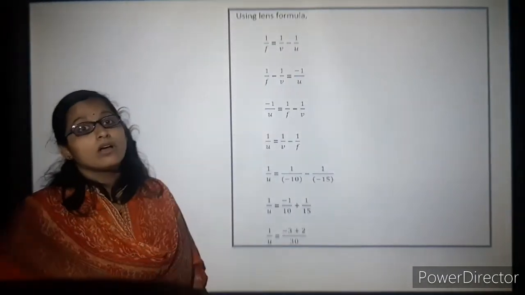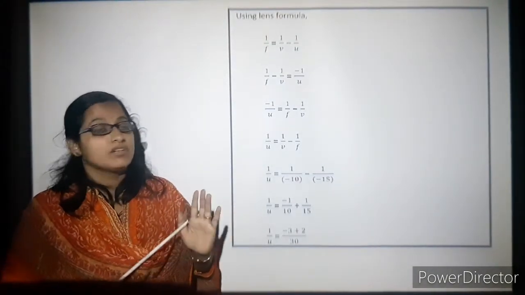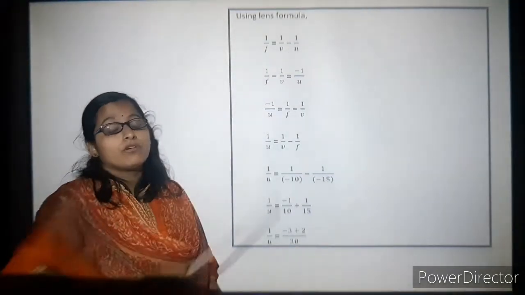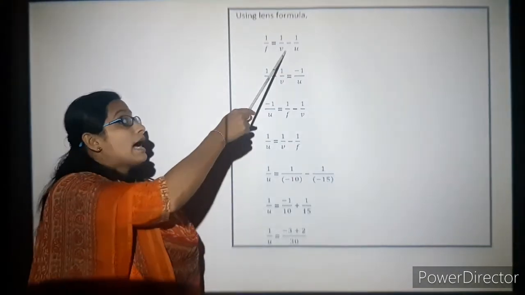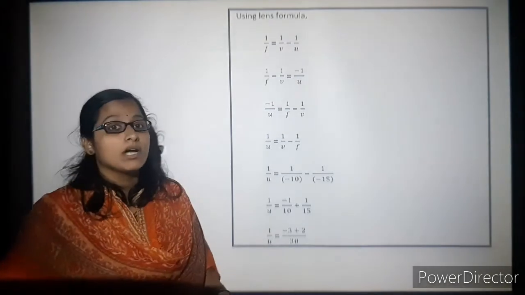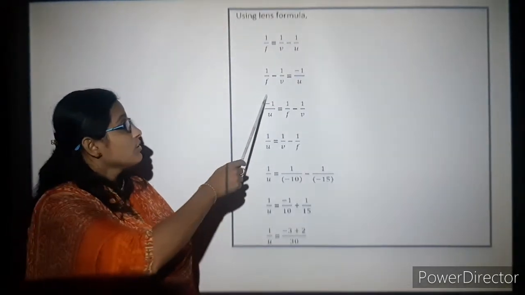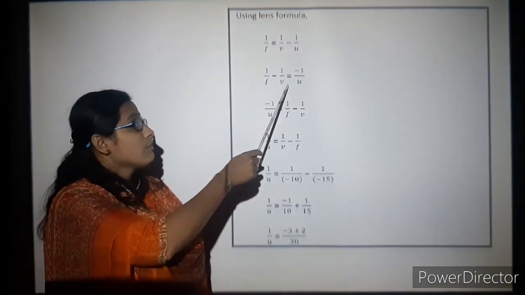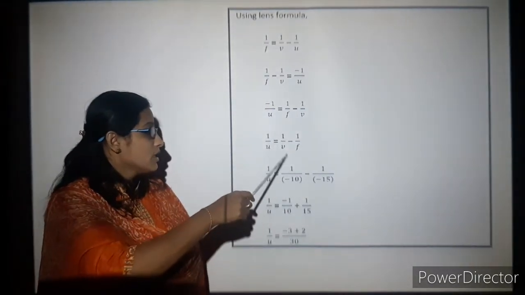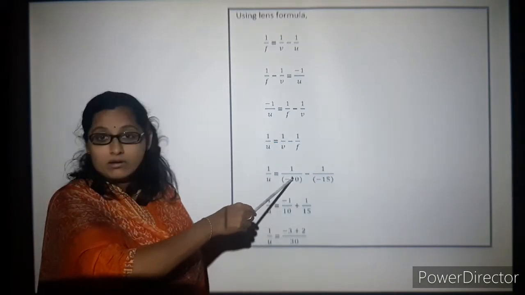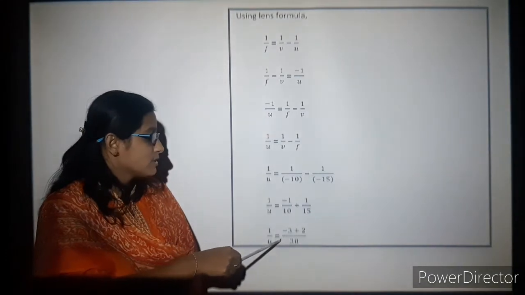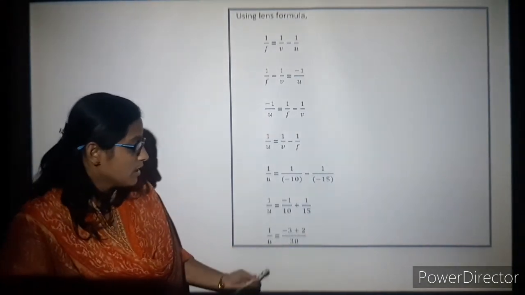The lens formula is just the opposite sign of the mirror formula. For the mirror formula you might have put a positive in between; for the lens formula you will be adding a negative here. So 1 by F is equal to 1 by V minus 1 by U. So 1 by F minus 1 by V equals minus 1 by U, and substituting the given values of V and F, you will get 1 by U is equal to (minus 3 plus 2) by 30.